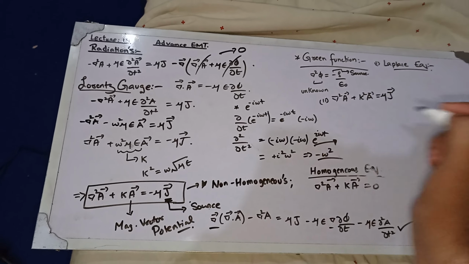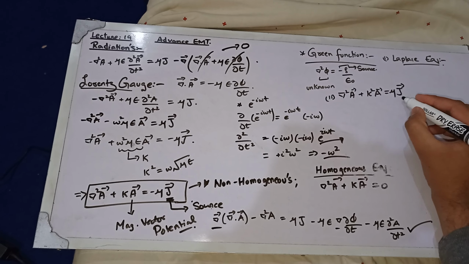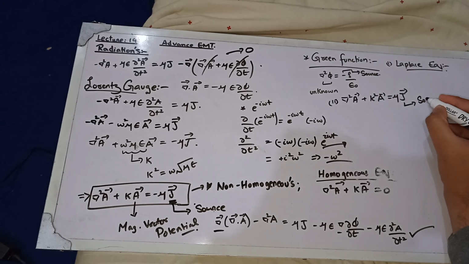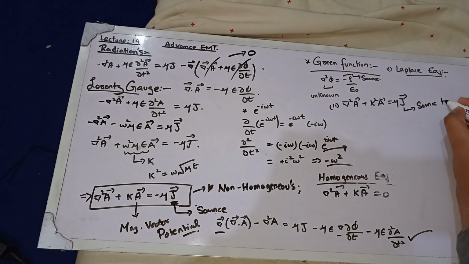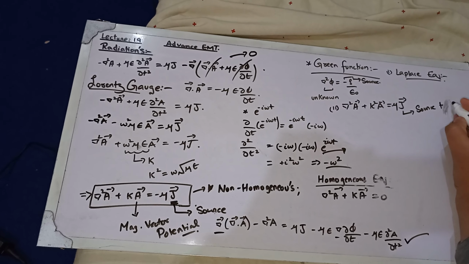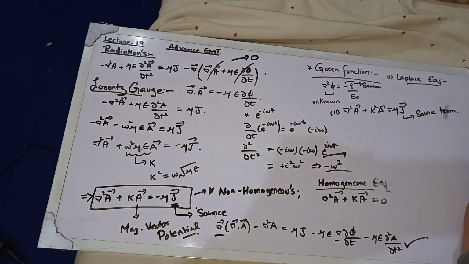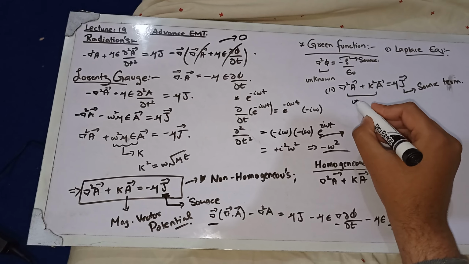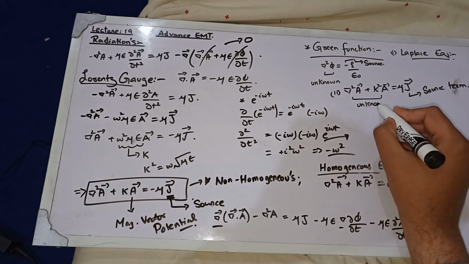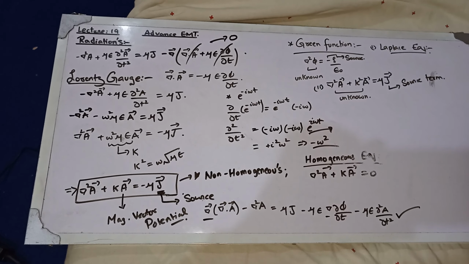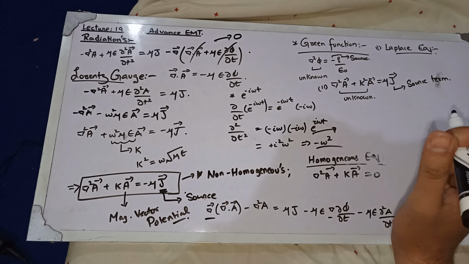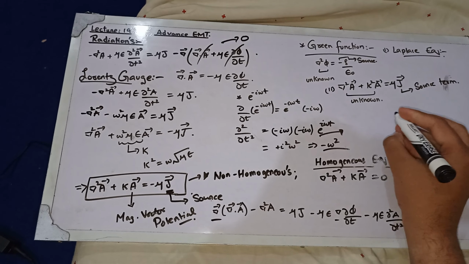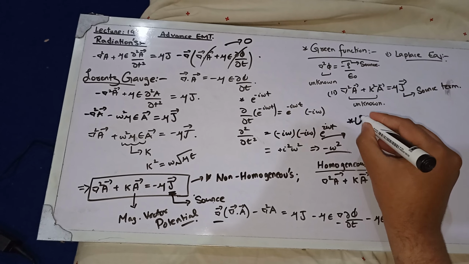In this also, j is basically the source term, and this factor is the unknown.